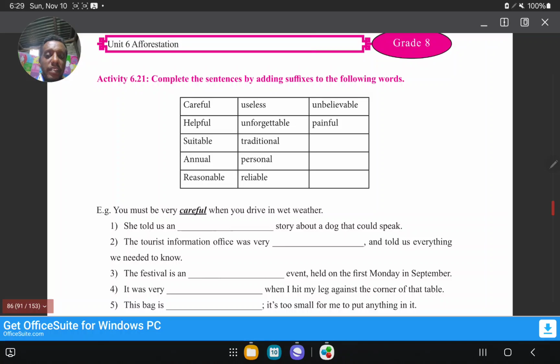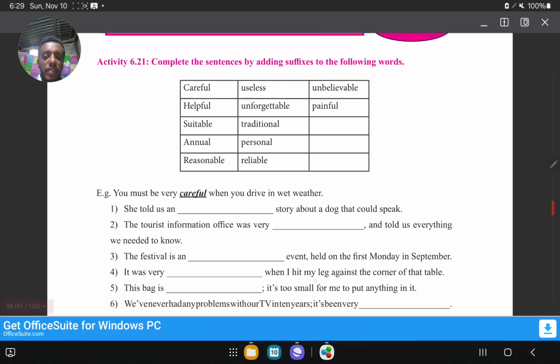6.21. Complete the sentence by adding suffixes to the following words. Careful. What's the right answer?